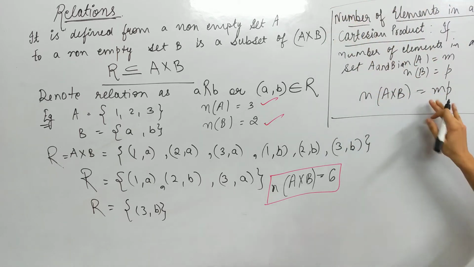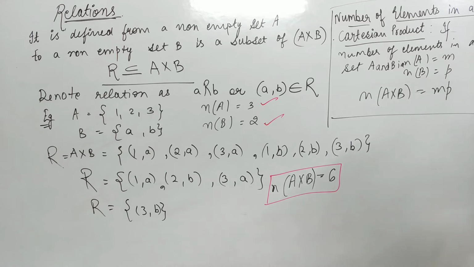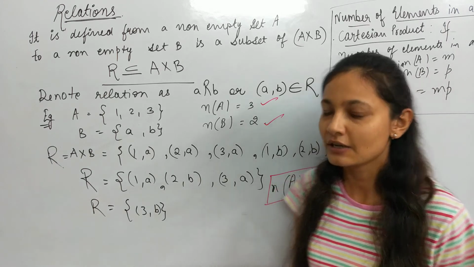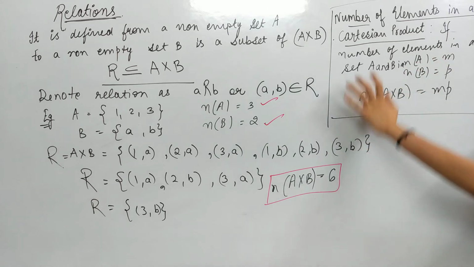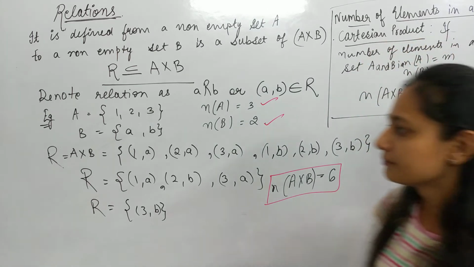The number of elements in a Cartesian product will be the multiplication of the number of elements in one set into the number of elements in the second set. So these are the number of elements in a Cartesian product.